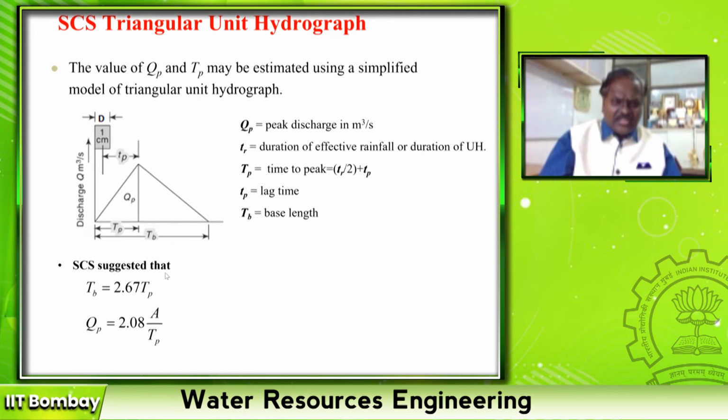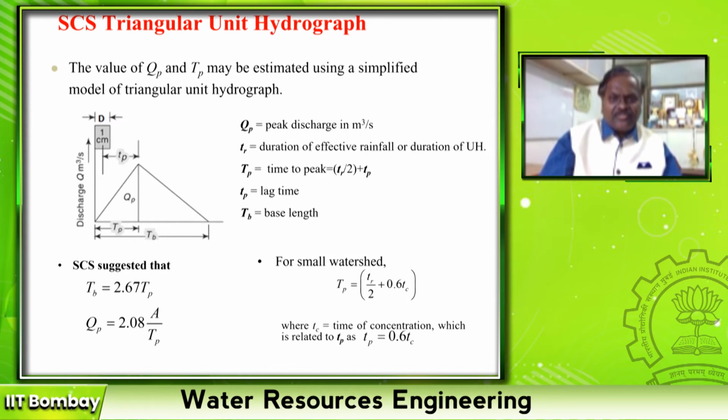And SCS also suggested that the base time Tb is 2.67 times the time to peak, and peak discharge, everybody knows, is 2.8 times the area of the basin by time to peak, for 1 centimeter. 1 centimeter per hour. This 2.8 is unit conversion. So this method is very useful if I don't bother about the in-between values to estimate the unit hydrograph. Right?